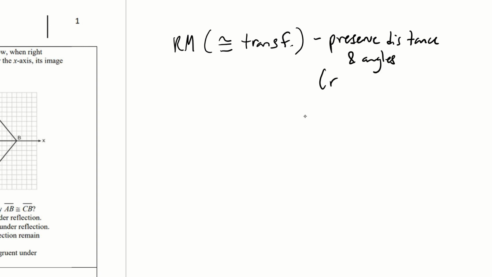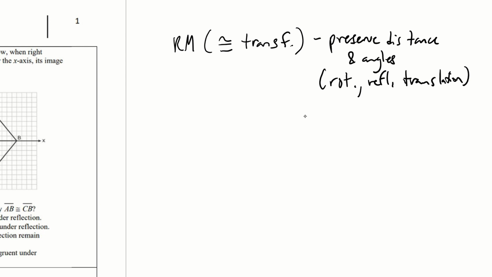These are things like rotation, reflection, and translation. If I rotate, translate, or reflect, it's not going to change the shape. It's going to keep it congruent. It's not going to change the distance, angle, anything like that. That's a rigid motion, or otherwise known as a congruence transformation.